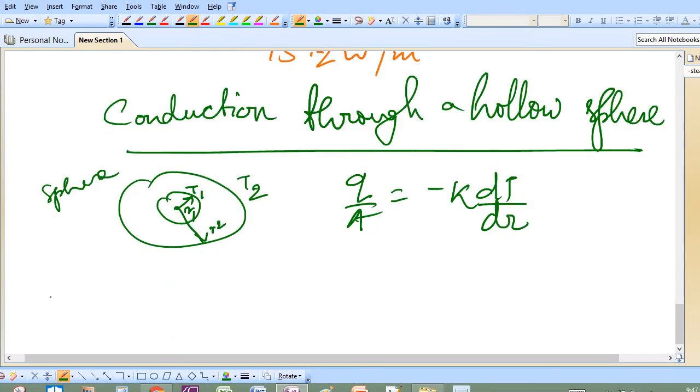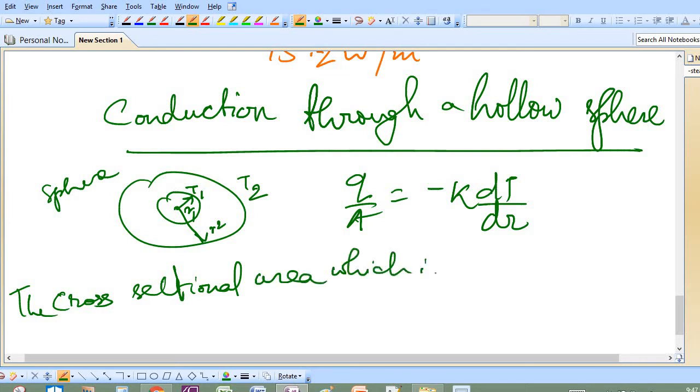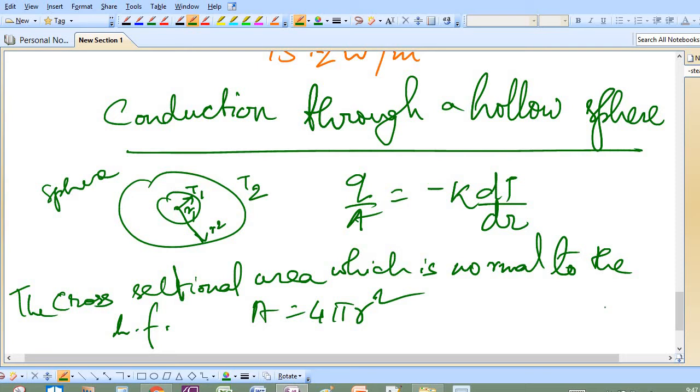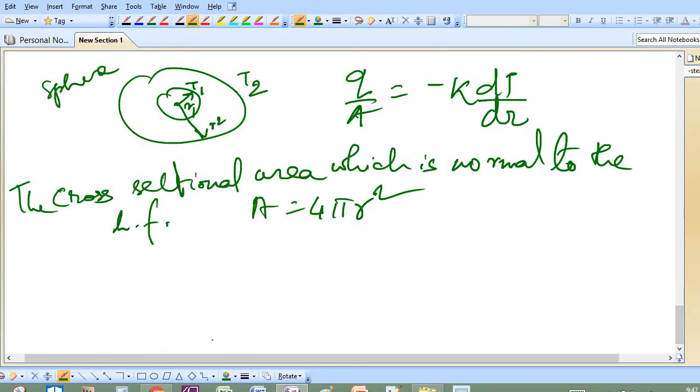Now the cross-sectional area, which is normal to the heat flow, HF, A is equal to 4 pi r square. Now we rearrange this, our equation 2.